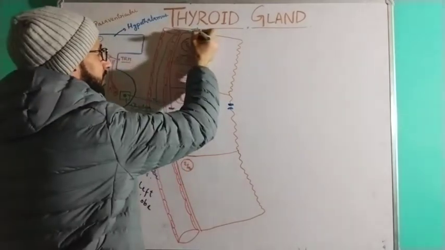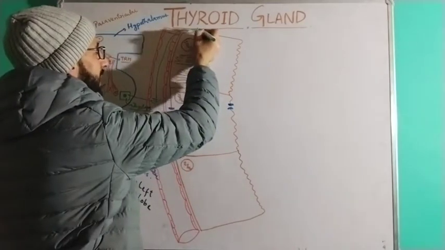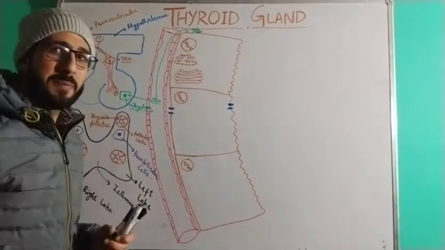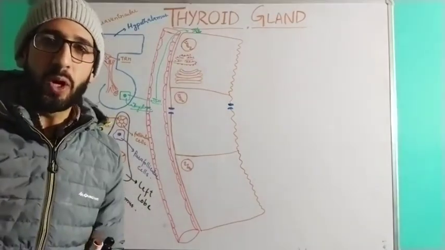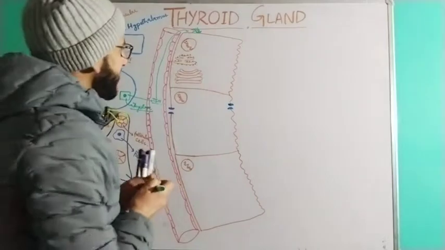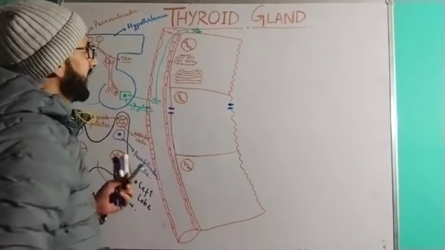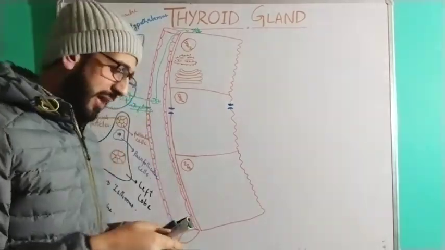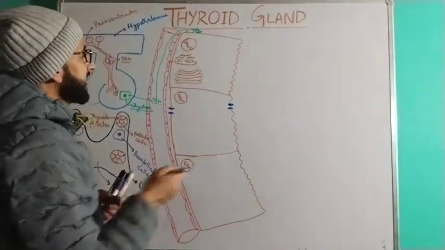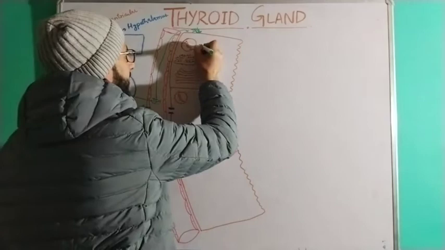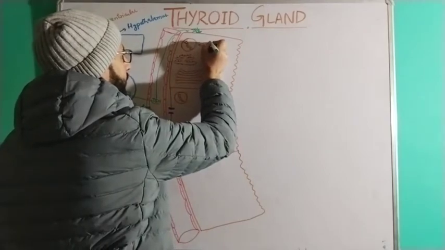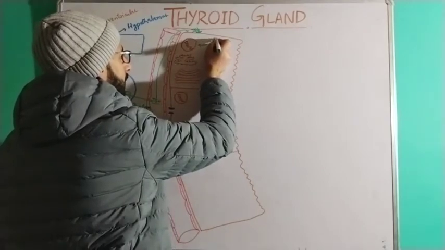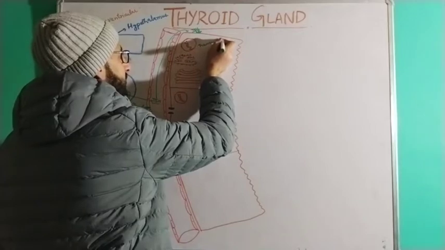Once this receptor is activated, it will activate the G stimulatory pathway, and it will ultimately activate the transcription factors.